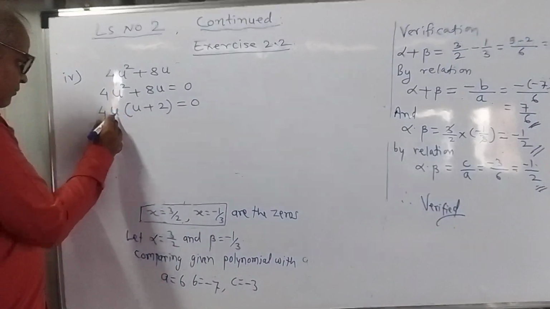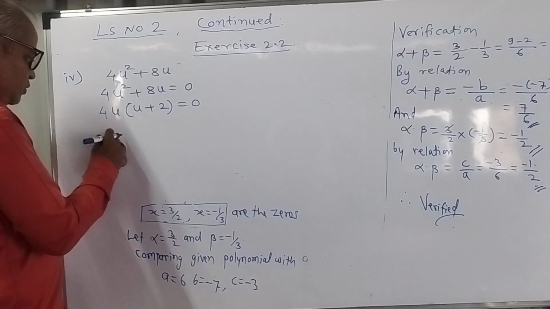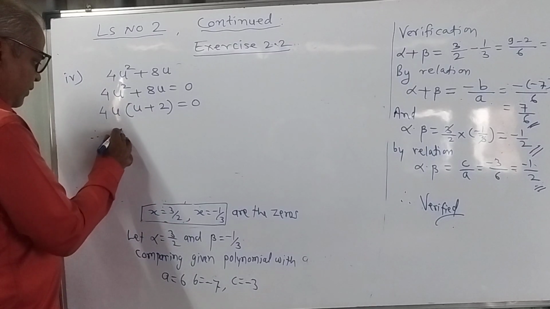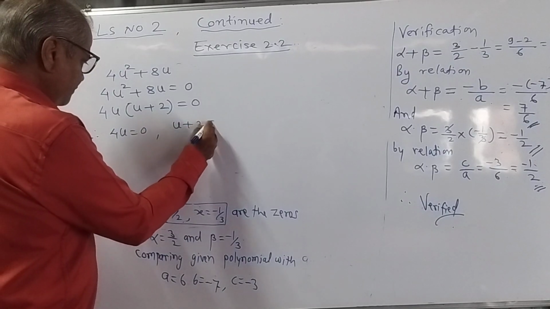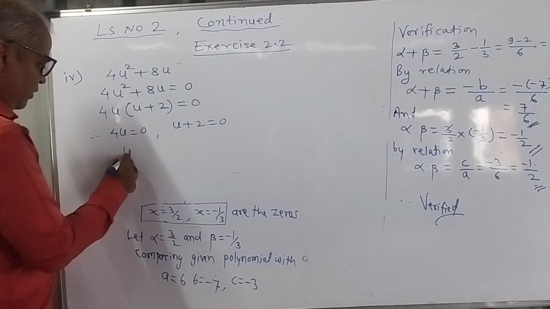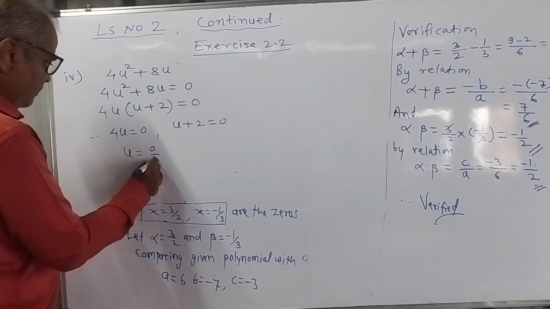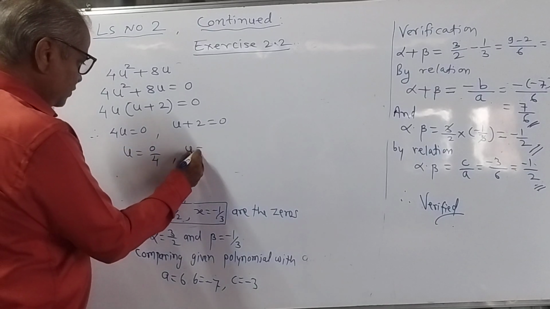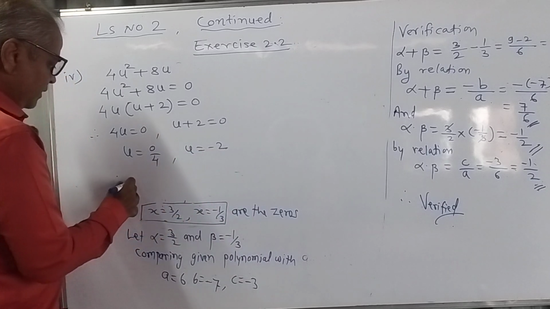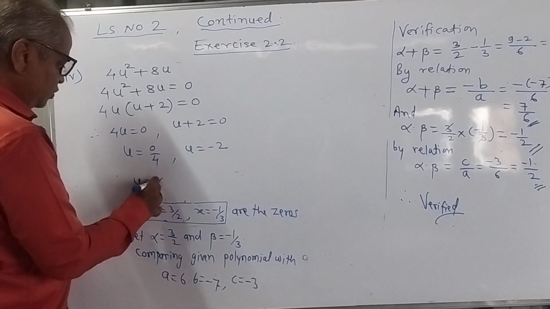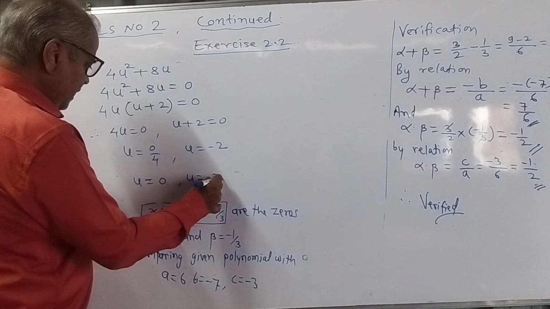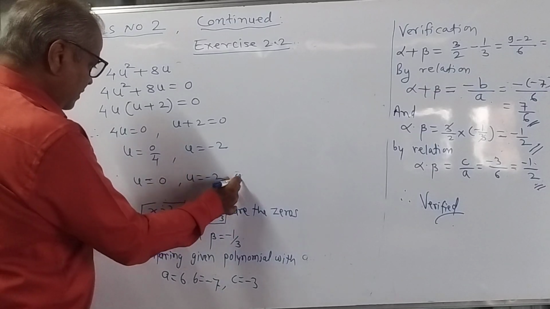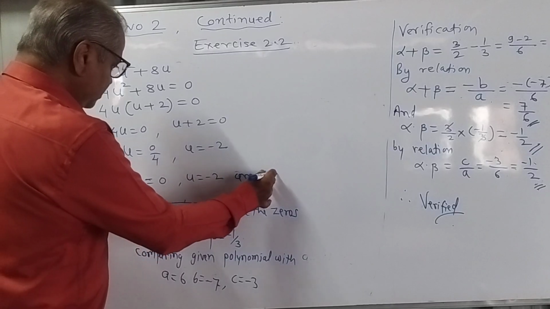So I can write 4u into bracket u plus 2 is equals to 0. That means 4u is equals to 0 or u plus 2 is equals to 0. So u is equals to 0 upon 4 and u is equals to minus 2. Therefore u is equals to 0, 0 upon anything is 0, and u is equals to minus 2 are the zeros.